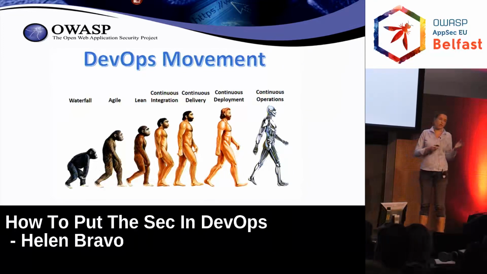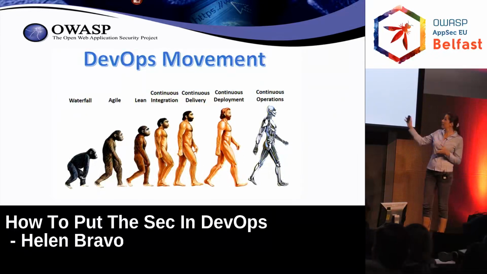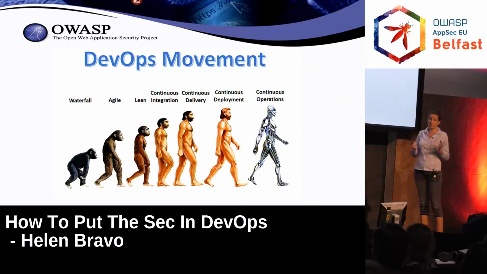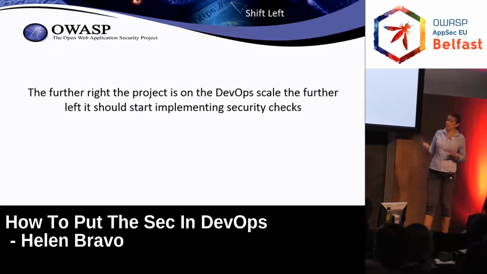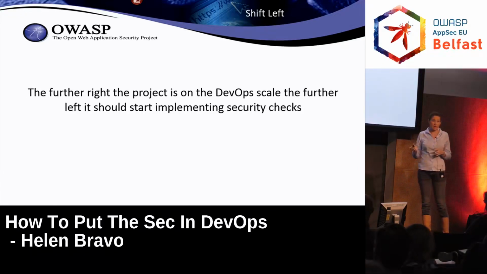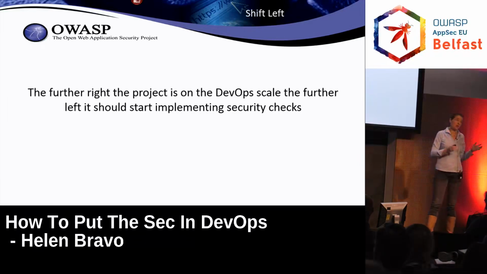And there is a way to find how the security might fit each and every stage where the project is, each and every flow the project is implementing. The important key sentence here is: the further right the project is on the DevOps scale, the further left the security should start.